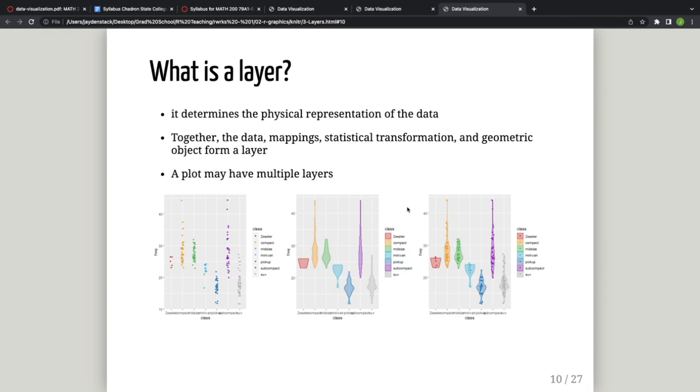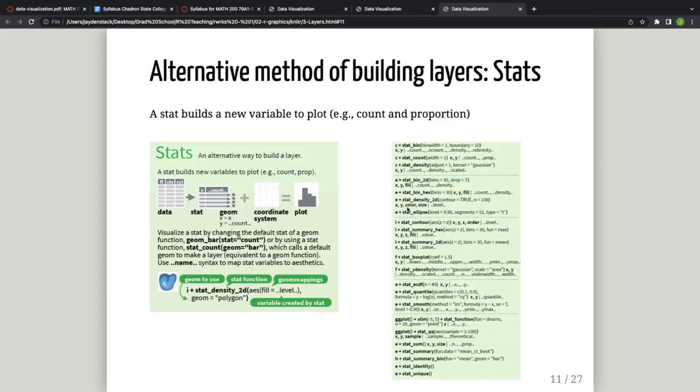Okay. So again, what is a layer? We've talked about this. It determines the physical representation of the data, how we're actually portraying that data on our screen. Right. So an alternative method of building layers is using statistics functions. All right. So a stat builds a new variable to plot, which might be a count or a proportion.